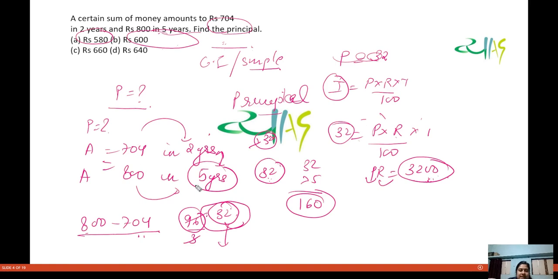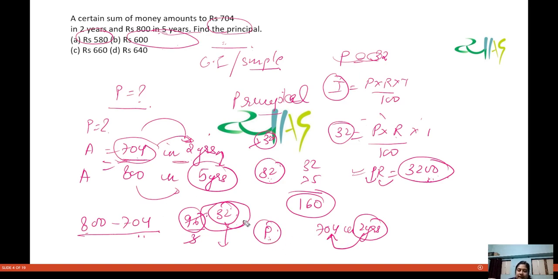Now we can put this in any of these. This is the amount in 2 years. We can find from here as well, but even this is helpful for us. So we have 704 as the amount in 2 years. Before 2 years, it would have been just the principal.